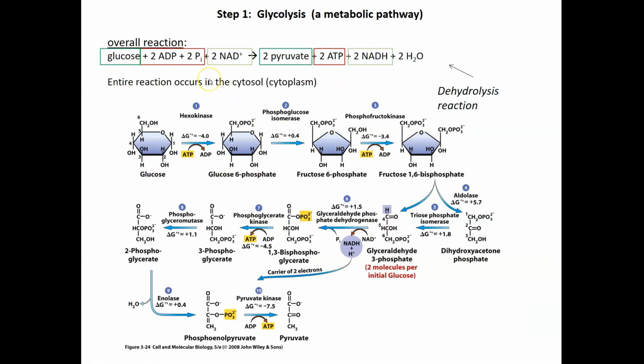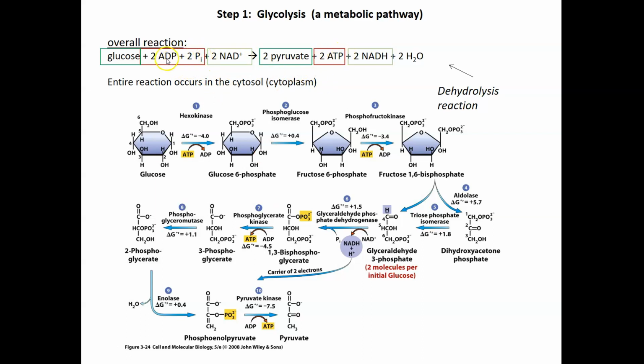So let's look at some of the specifics of this reaction. Again, we're starting with glucose, which is a 6-carbon molecule, and we will end with 2 pyruvates, which are 2 3-carbon molecules. So again, we've not lost any carbons at this point. We do generate 2 ATP when 2 ADPs and 2 inorganic phosphates come together.